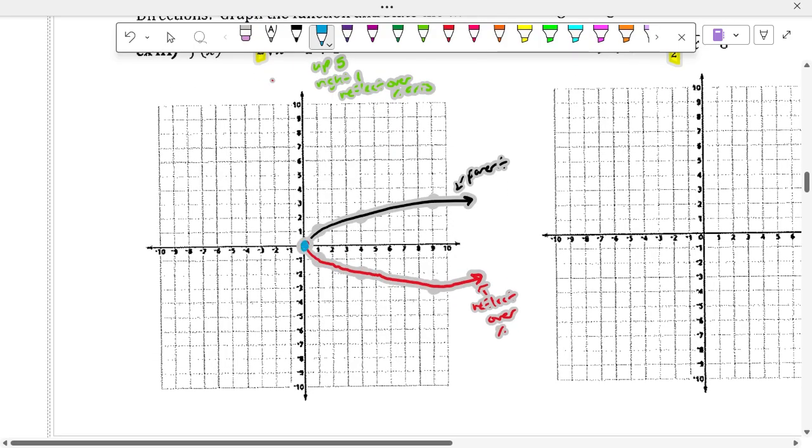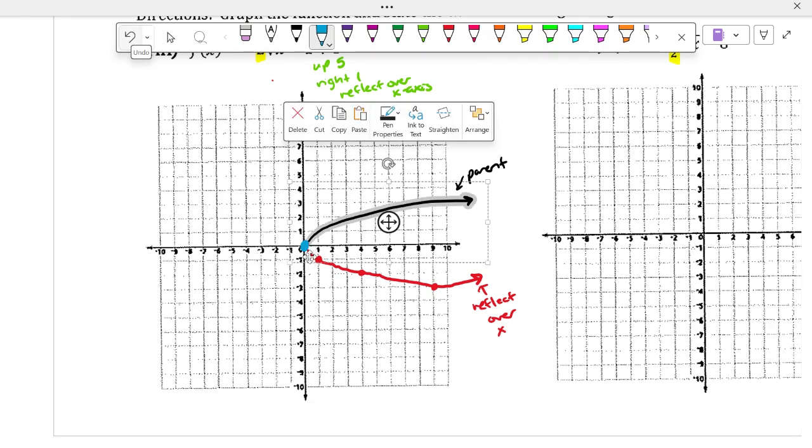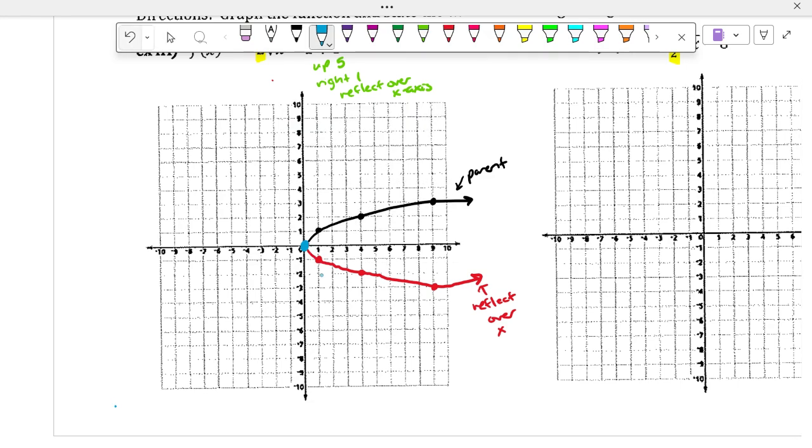So, still out here. What's -1 times 2? -2. So the x value is still the same, but that's my new y value. What's -2 times 2? -4.